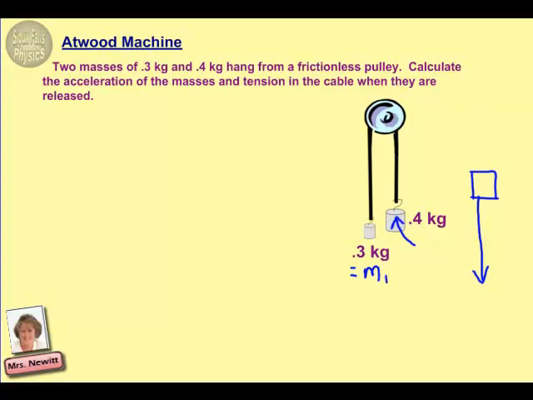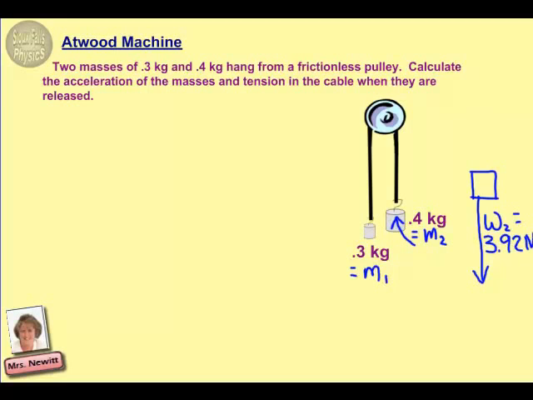So we'll start with the smaller 0.3 kilograms as mass 1. The larger 0.4 kilograms can be mass 2.